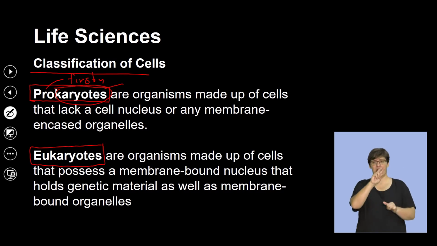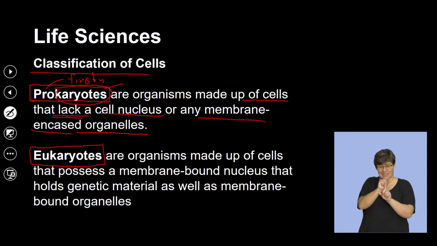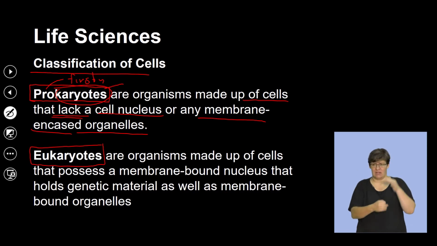So your prokaryotes are organisms that are made up of cells that lack a cell nucleus or any membrane encased organelles. So these are your simplest cells that have either a strand of DNA but not necessarily a membrane bound organelle. However, when we look at more developed and complex cells, we refer to them as eukaryotes.